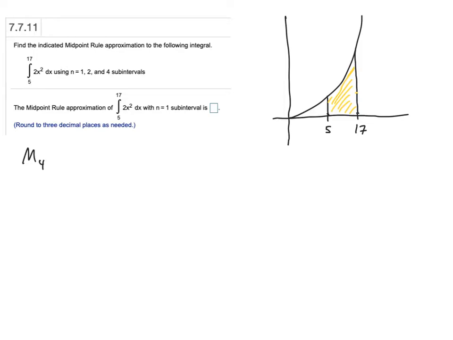I first need to break my picture up into the correct number of strips. So if I'm doing M4, that means I'm going to have 4 strips. The width of the whole interval here is 12, 17 minus 5. And so if I break that into 4 strips, that means I will break it into strips of size 3. So if I want to mark that, well, I'll use black.